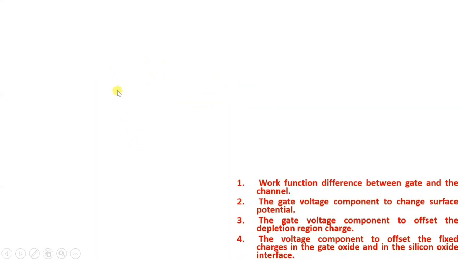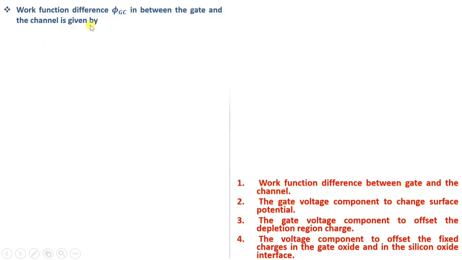So now we will be deriving threshold voltage for MOSFET, and here I have listed 4 reasons. Now see, as per first reason, there is a work function difference in between gate and channel. So work function difference, let us say that is phi GC, and that is there in between gate and channel.